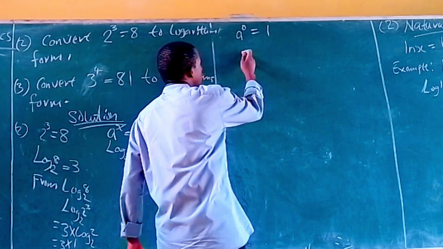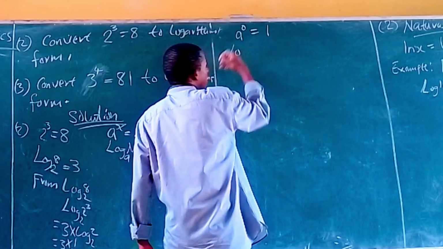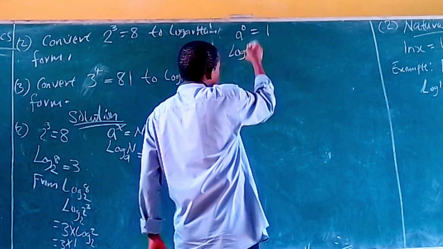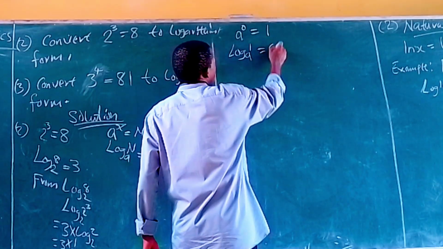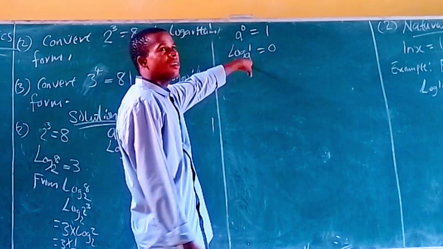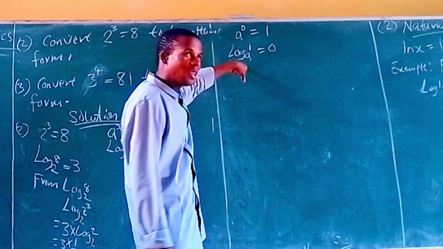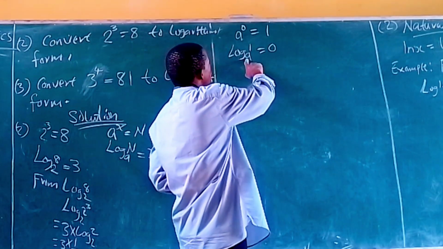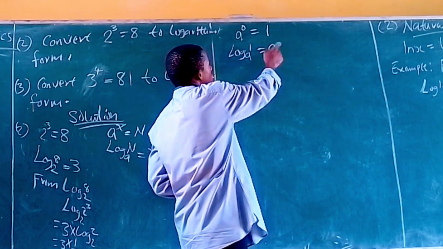But in log, since it is the reverse of indices, let's convert it to log. I will have log of 1 base a. Log 1 base a equals 0.